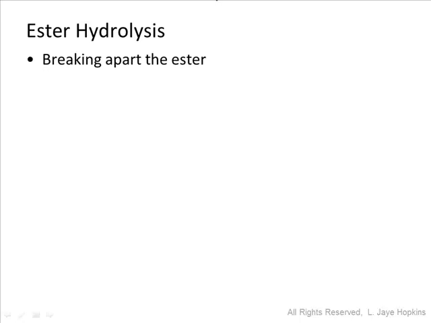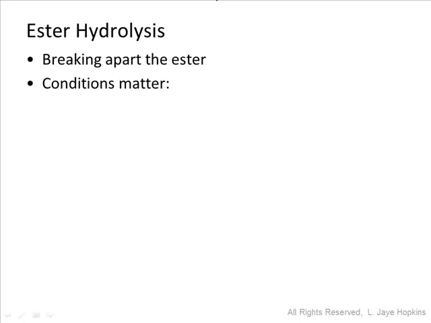So in the case of ester hydrolysis, we'll break apart the ester molecule by chemically reacting it with H2O. Generally, this is a fairly straightforward reaction because we'll essentially get the initial organic components that would have been used to synthesize the ester. So it's a little bit like reversing the esterification reaction.